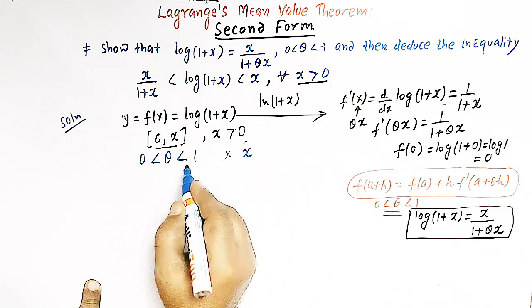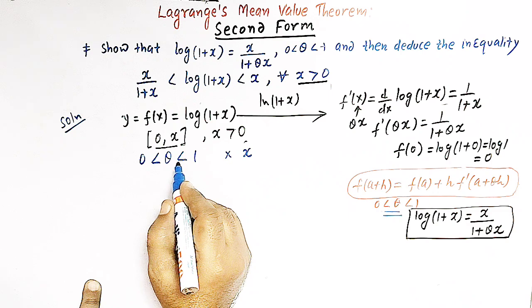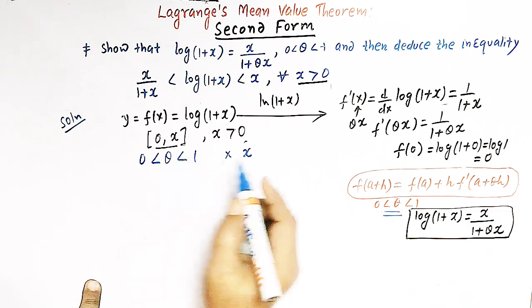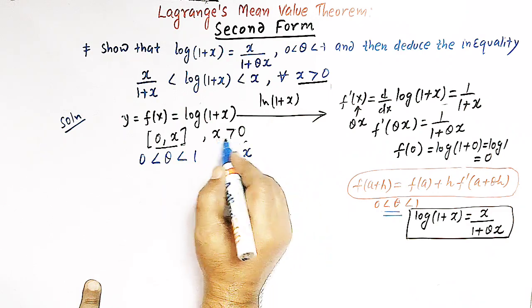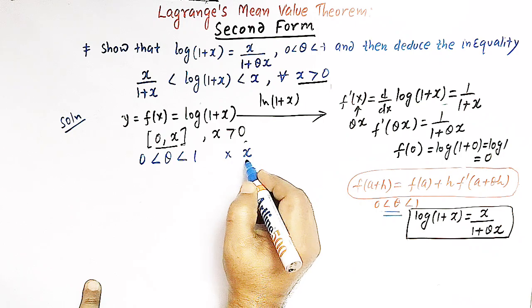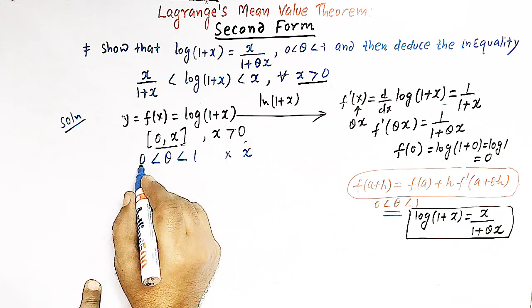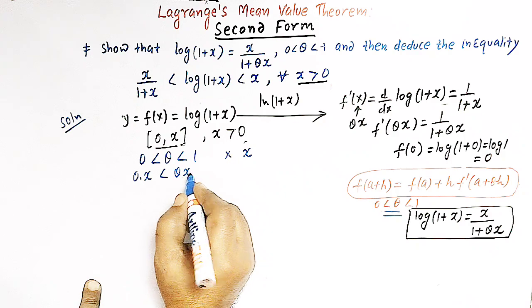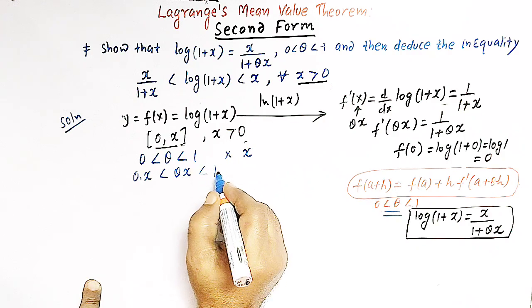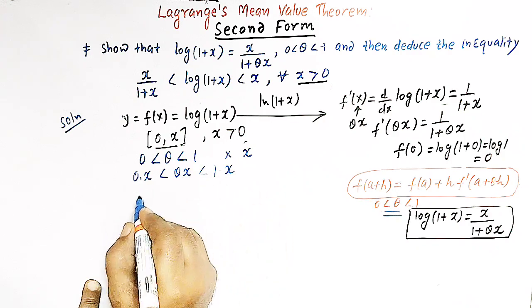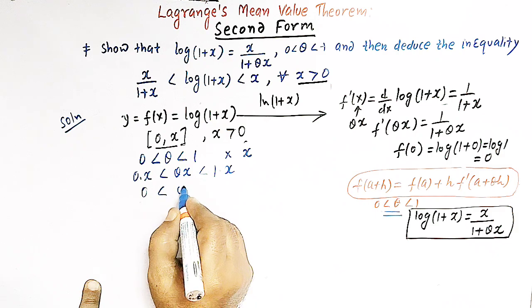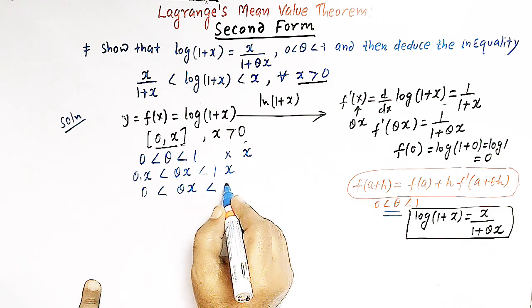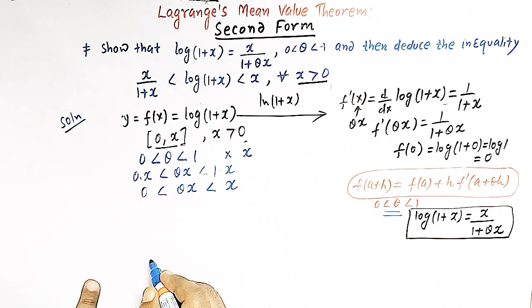And the direction of the inequality remains the same, because we are taking x greater than 0 and x is positive here, right? So here we have 0 times x, here we have theta x, then we have 1 times x. So 0 times x is 0, and here we have theta x, and here we have x, right?